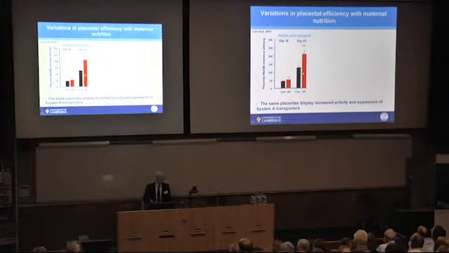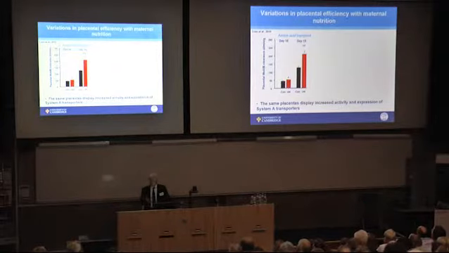I mentioned transporters. We can actually do transport assays in the mouse, so you can measure transport across the placenta in vivo, and if you do that in these mice at day 16 or day 19, you see that amino acid transport is actually increased per gram of tissue in the undernourished pups. So why is that?